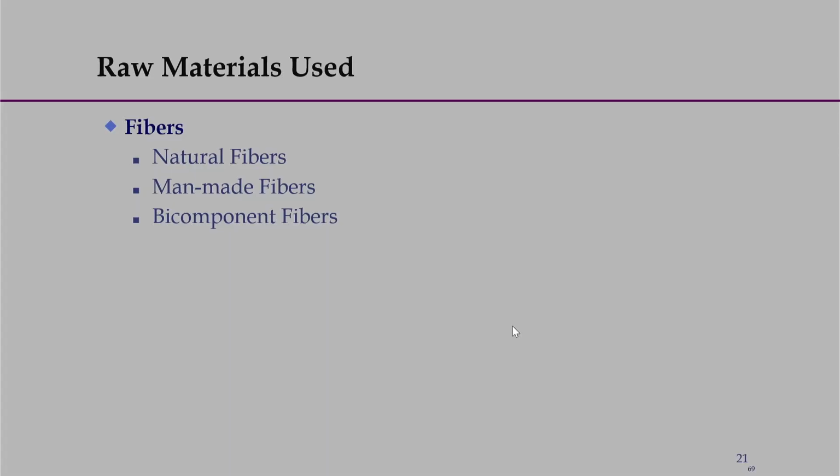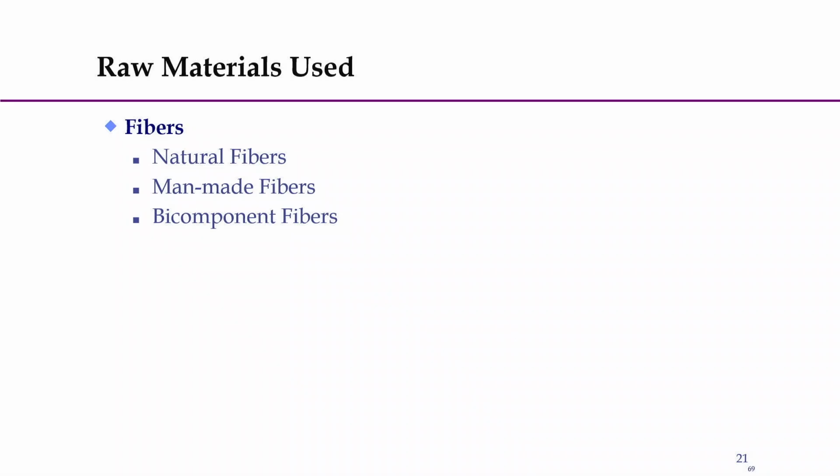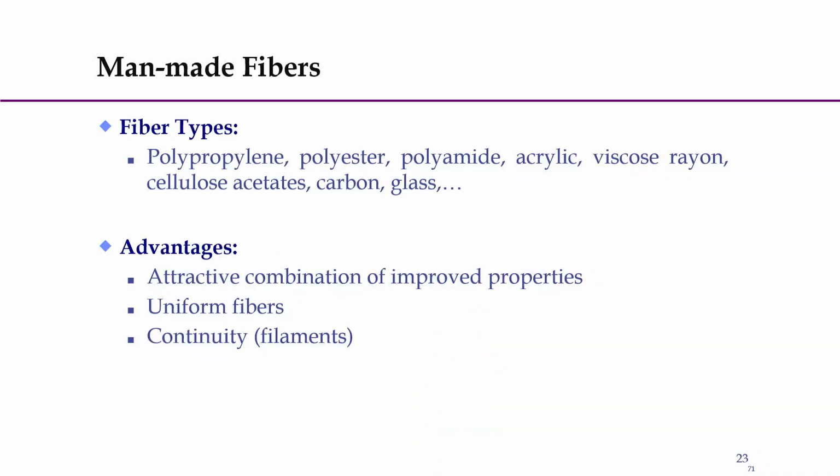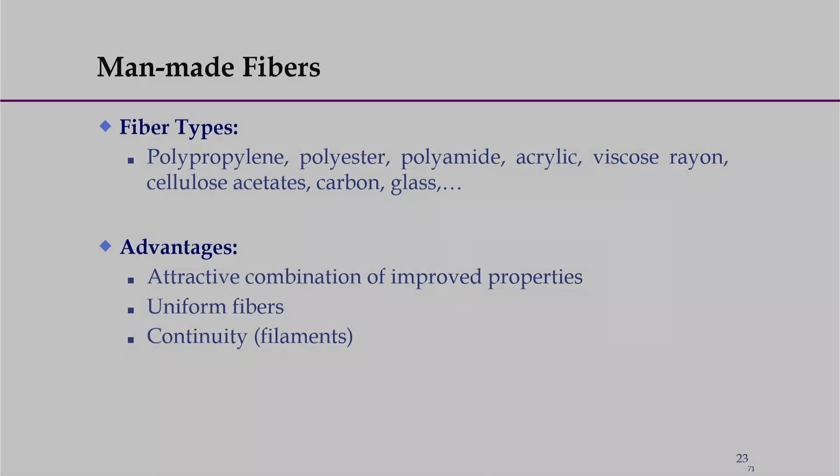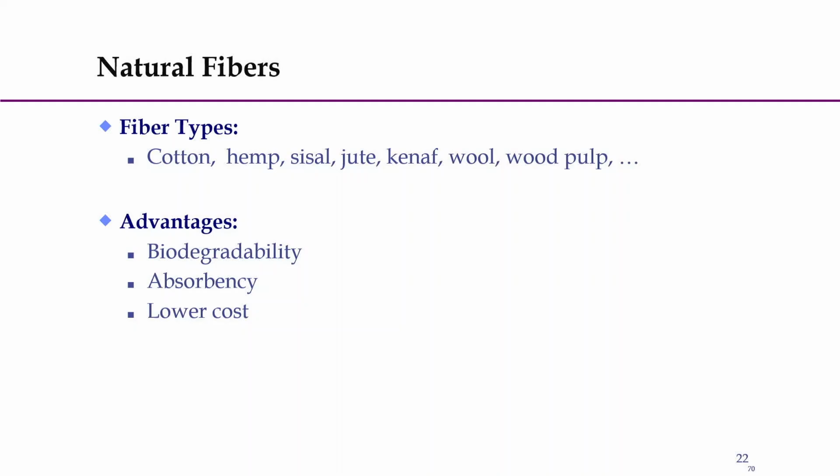Now, what are the different raw materials? Raw materials are natural fibers, man-made fibers, and bicomponent fibers. Natural fibers are like cotton, hemp, sisal, jute. All these fibers are used depending on the application.